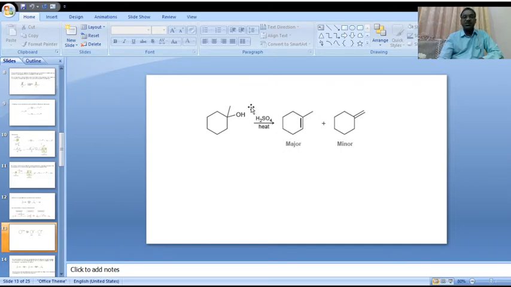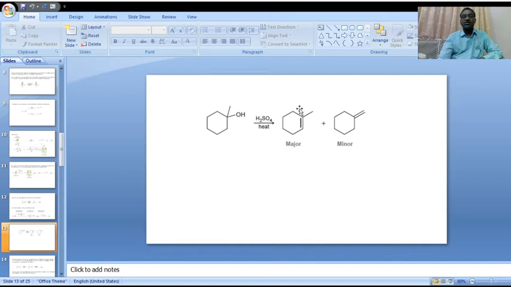But here also there is formation of olefin, alkene, pi bond structure, but loss of primary hydrogen is very difficult, so that forms the minor product.